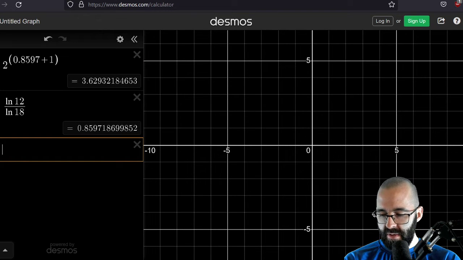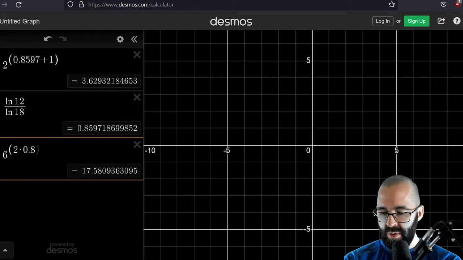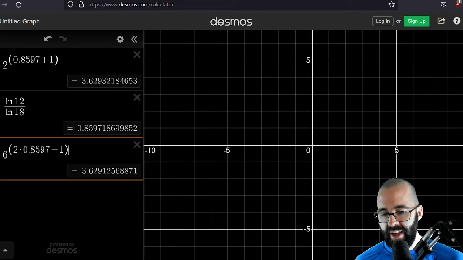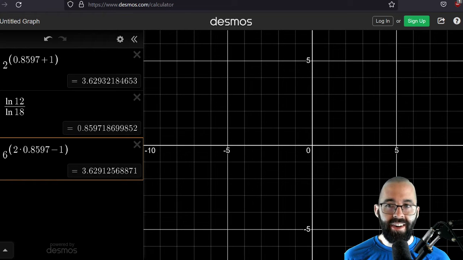Is that equal to 6 raised to the 2 times 0.8597 minus 1? Thank goodness. Those are about equal. All right. We're good to go.